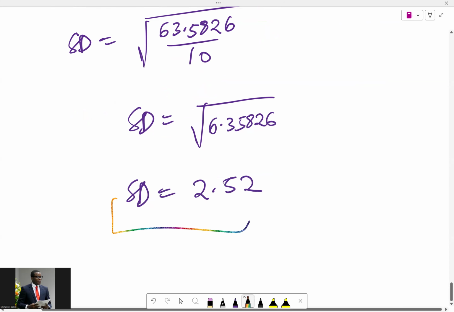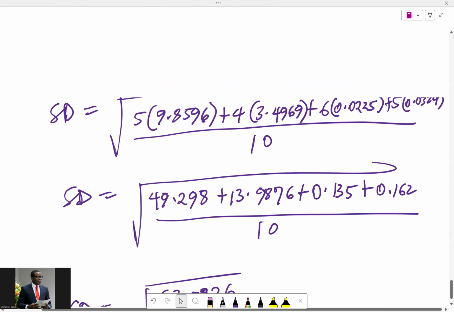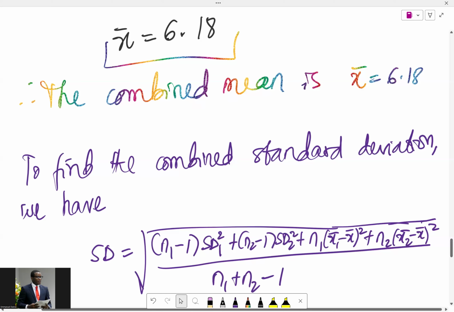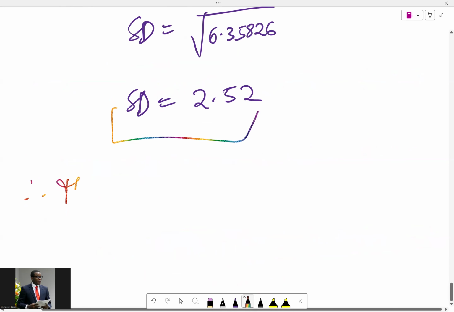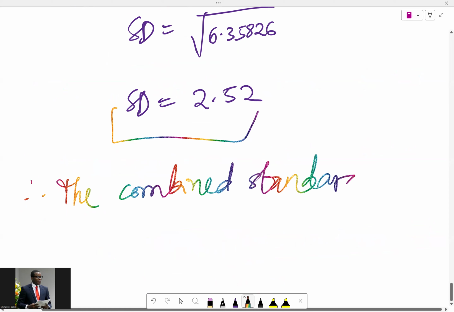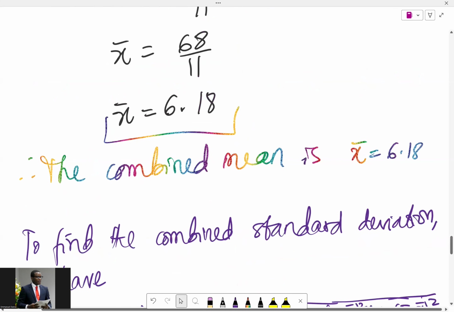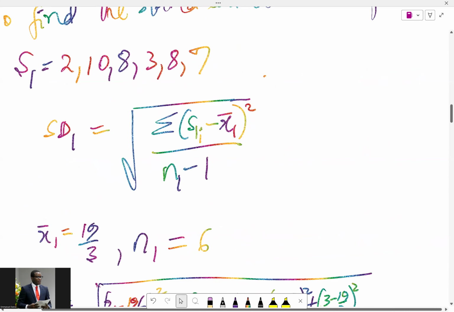So we say the combined standard deviation is 2.52. So with that, I guess we are done with the first part of the question.